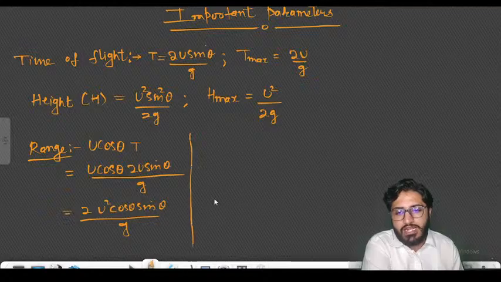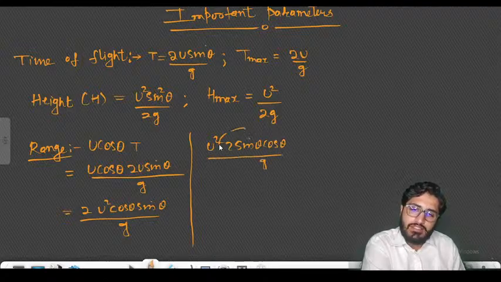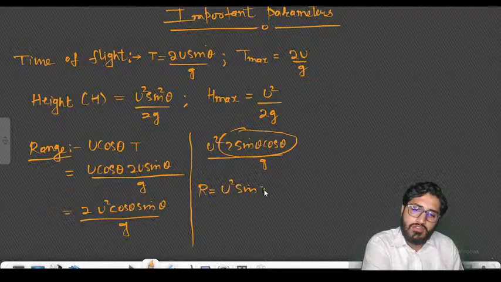Or I can write it as u square into 2 sine theta cos theta by g. And this thing is sine 2 theta. So range is equal to u square sine 2 theta divided by g.